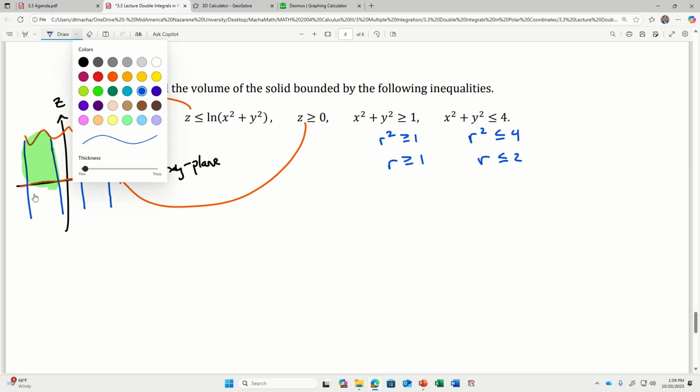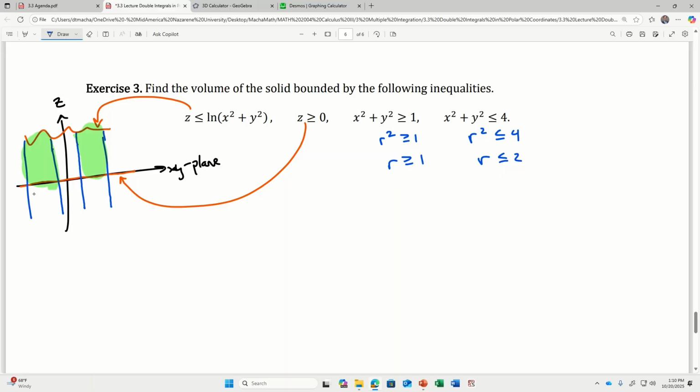I don't really know what that surface is going to look like. But I do know that we're doing double integrals in polar coordinates, and I see lots of x squared plus y squared, so that's a good clue. So let's set up a double integral with polar coordinates.